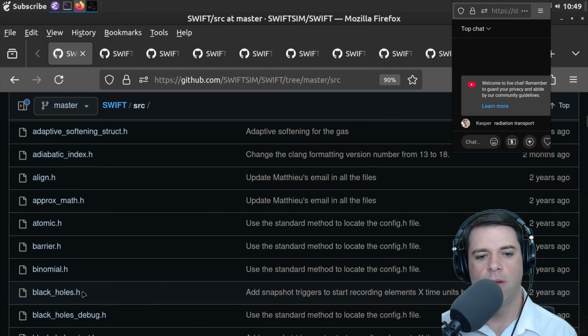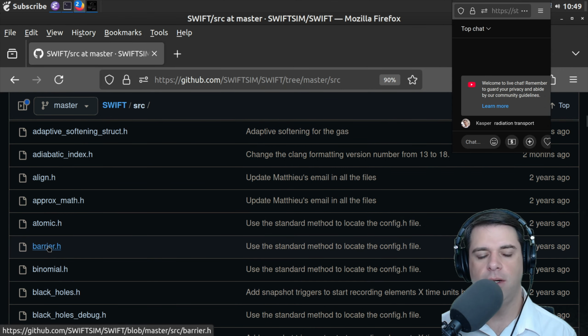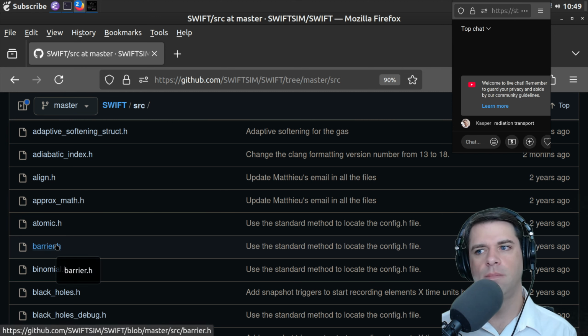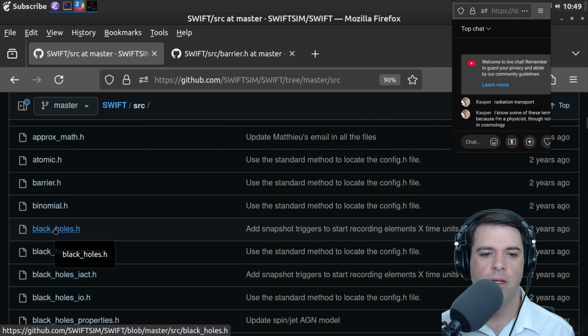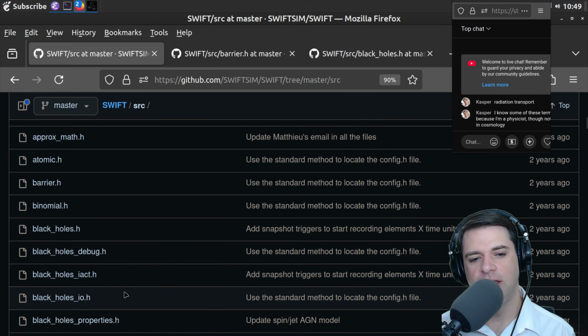So I think it's also often good to look at headers separately. But let's look at barrier. There's all sorts of things it could be. One thing it could be is the barrier method for optimization. It could also be some sort of physical barrier. But let's look at black holes and IACT.